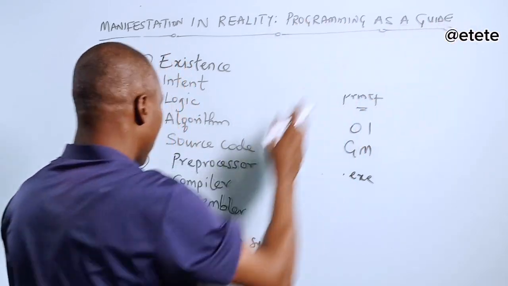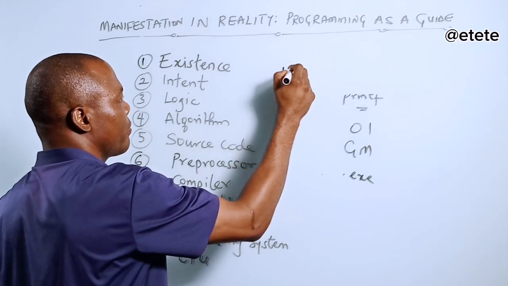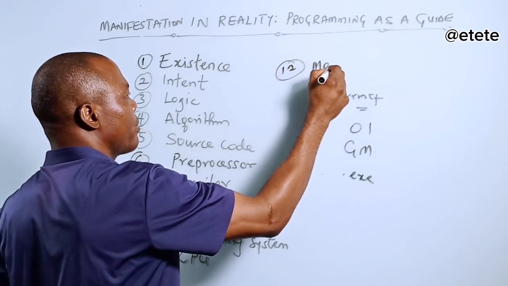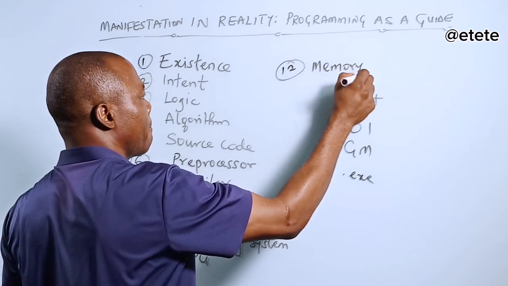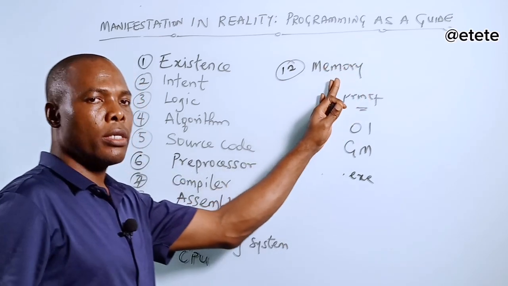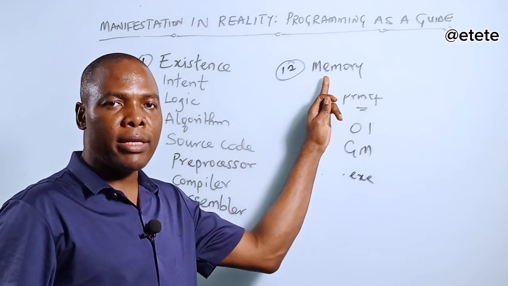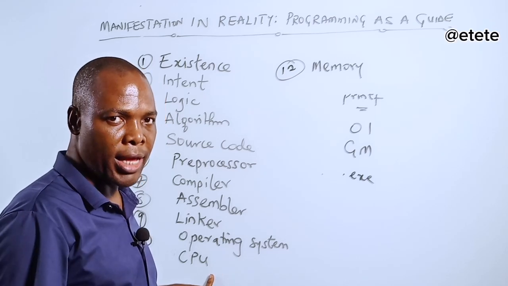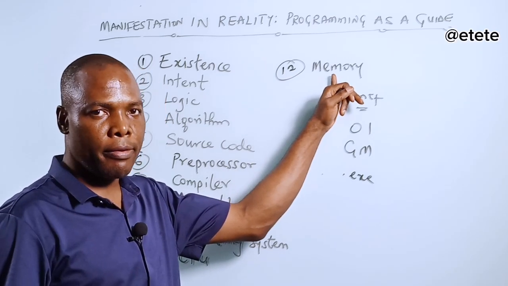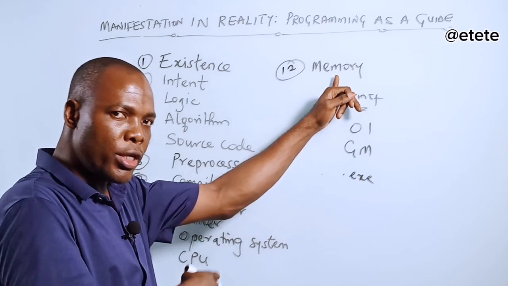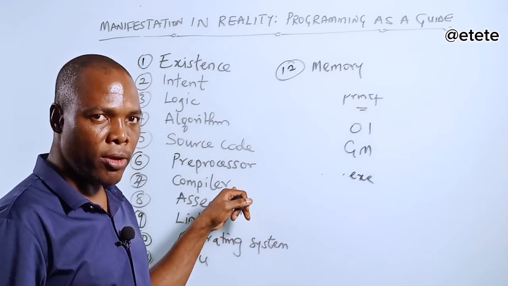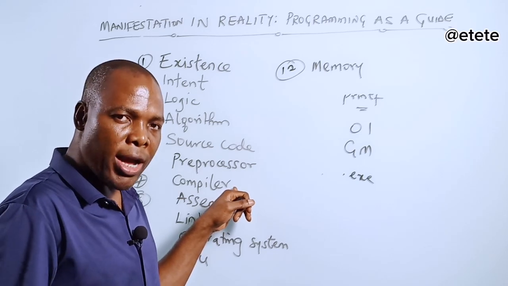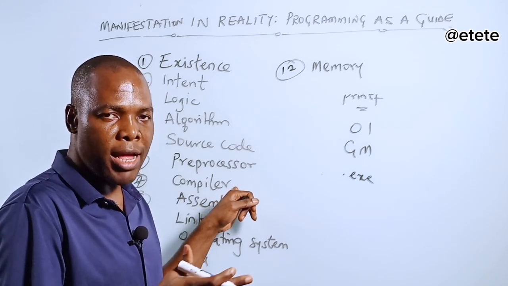Then, so I'm just going to come back here and write 12. We have the memory. So this is the storage. So this memory is like the landmass where the CPU, the workers, are going to carry out their task. So things are stored here. So the CPU, following the instruction that has been created by the compiler, will carry out their task using resources that are available.